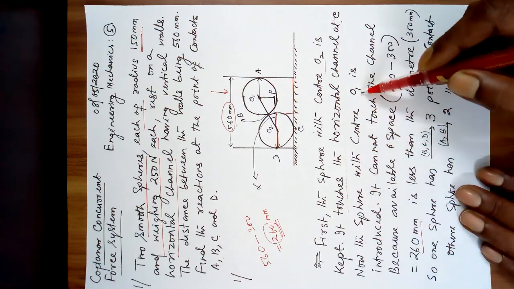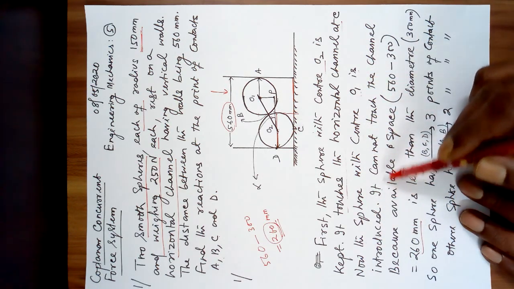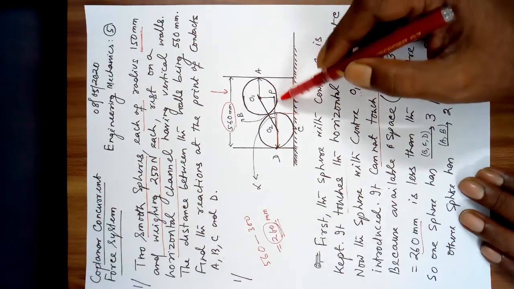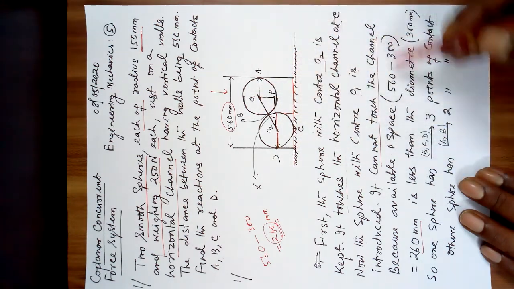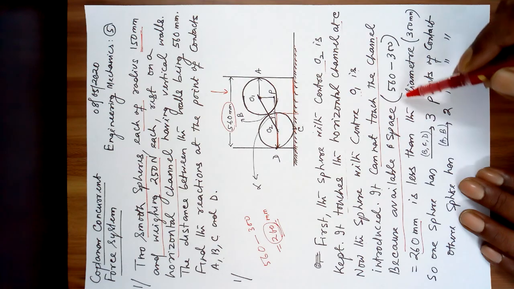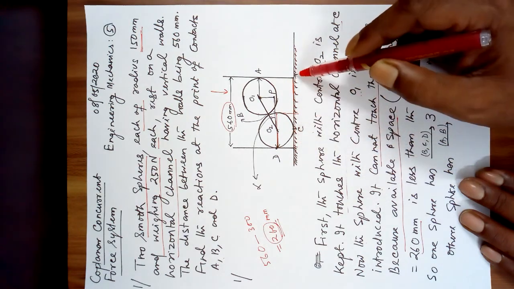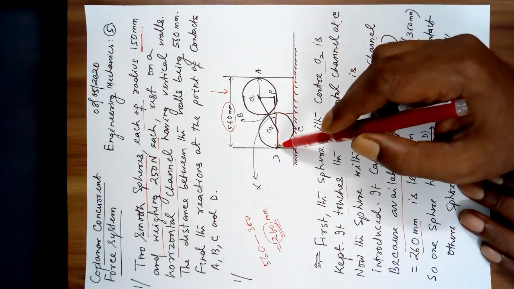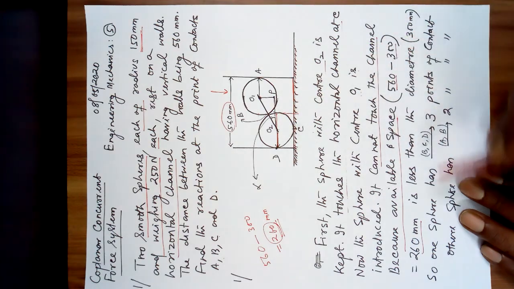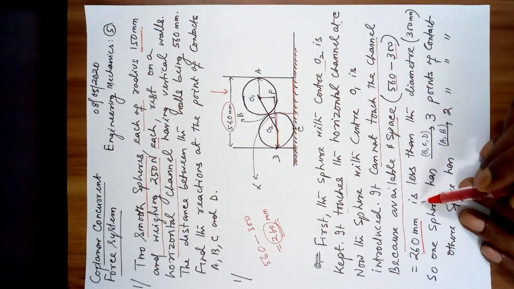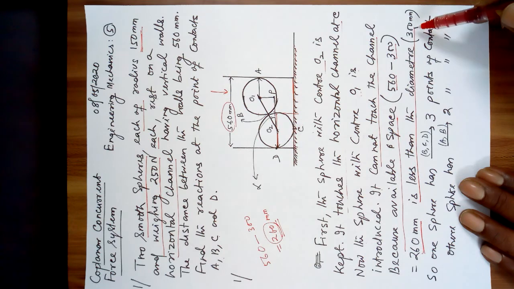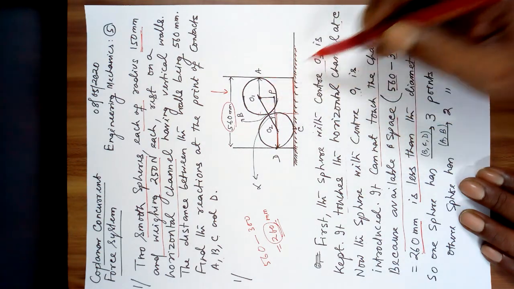Now the sphere with center O1 is introduced. It cannot touch this channel because the available space is 560 minus 300, that is 260 mm, which is less than the diameter of this sphere, 300 mm.